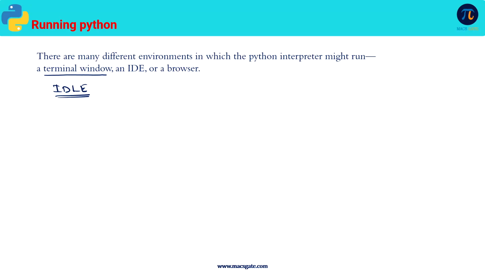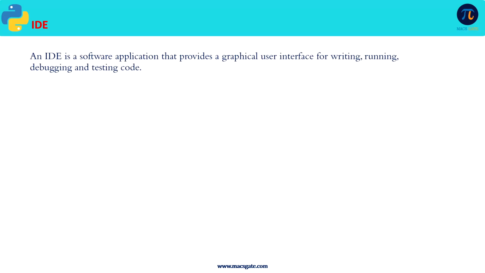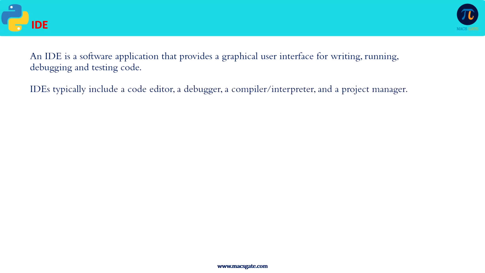Actually, we can also use other IDEs to run Python. IDE means integrated development environment. An IDE is a software application that provides a graphical user interface for writing, running, debugging and testing code. IDEs typically include a code editor, a debugger, a compiler or interpreter and a project manager.